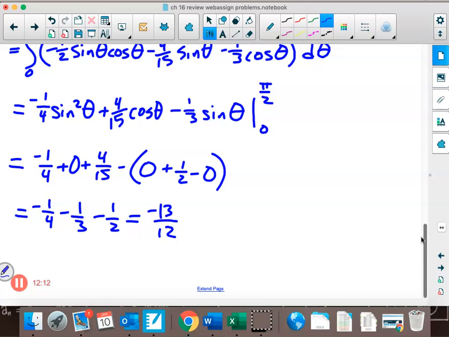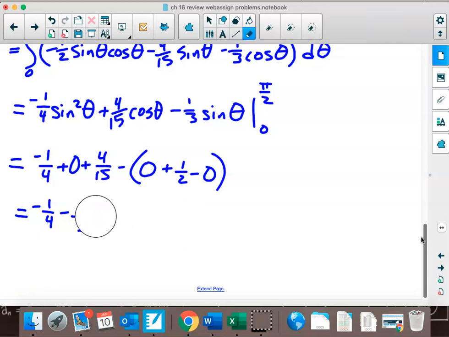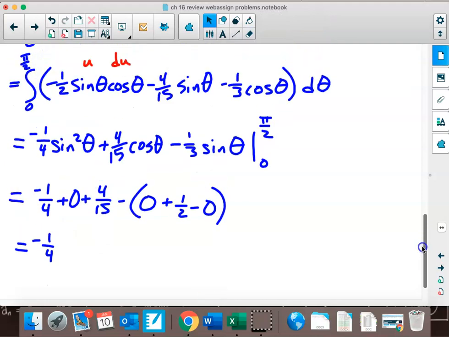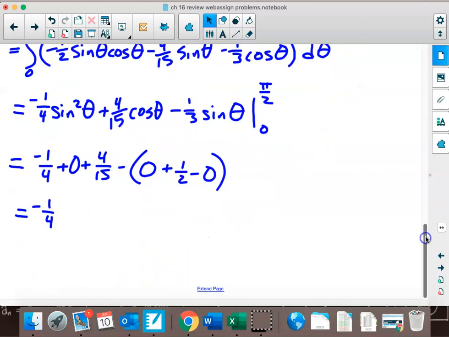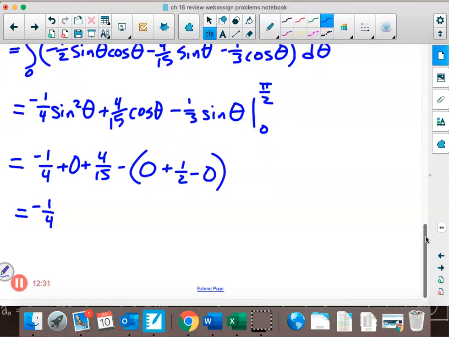All right, let's see if this gets me the right answer, if I did my math right. Negative 2/3 plus 2/5, I just combine these terms. So 1/4 plus 4/15 minus 1/2.